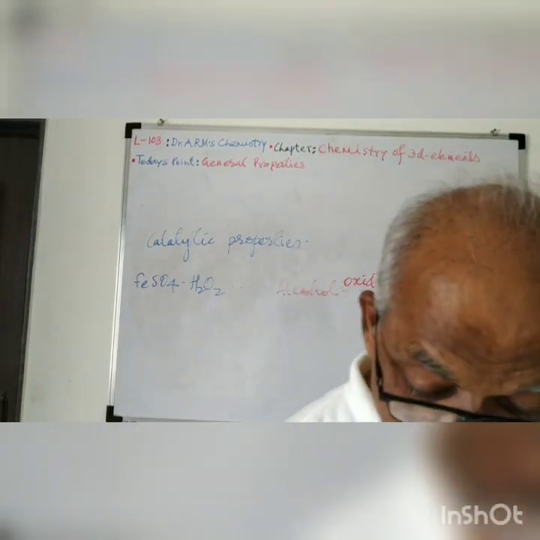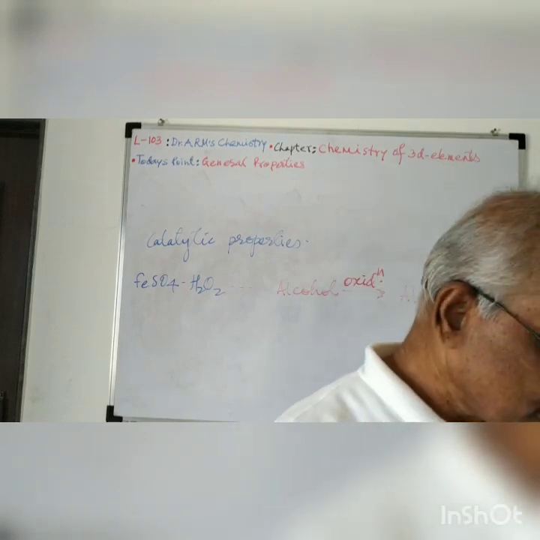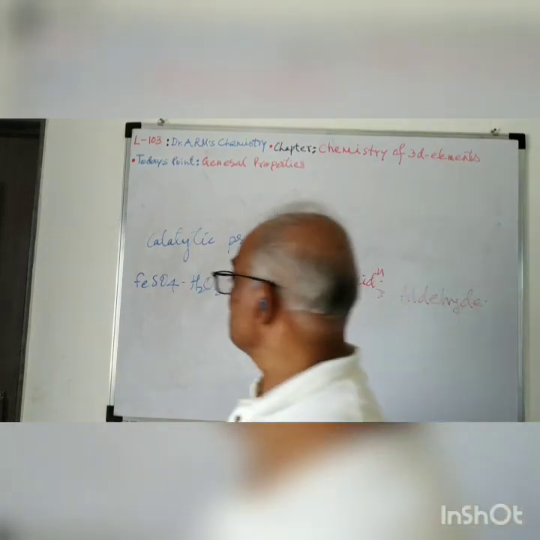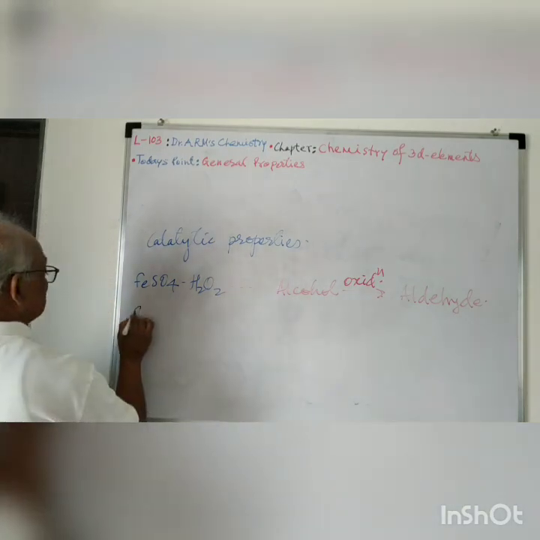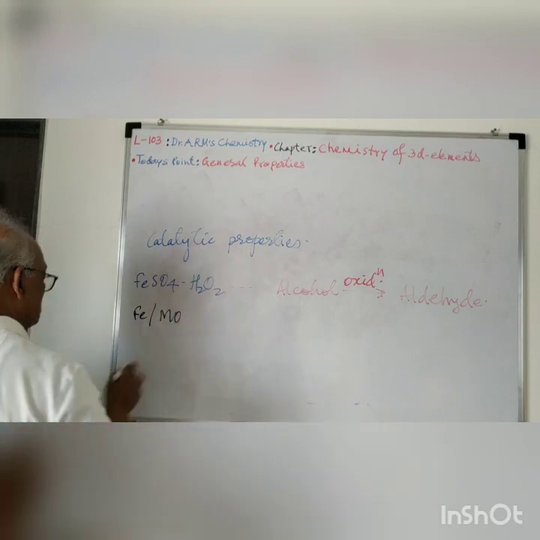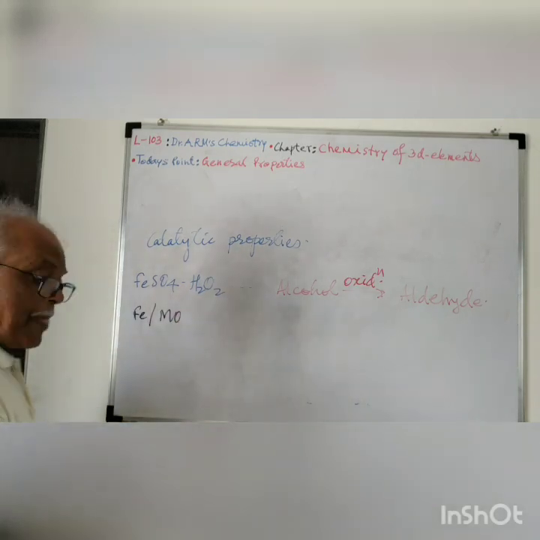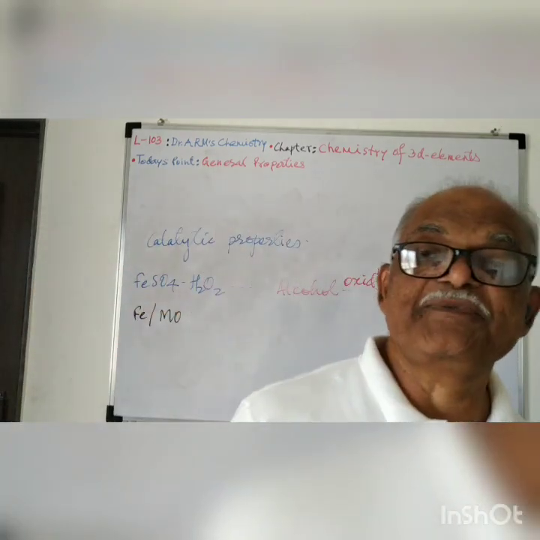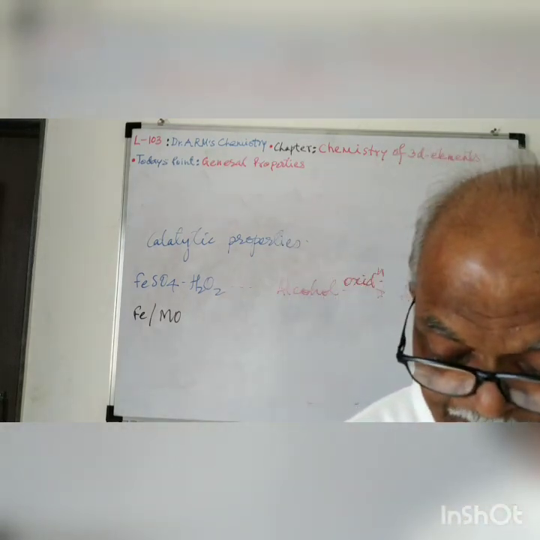For example, if we take Fe or Mo, molybdenum, this is used in the manufacture of ammonia.